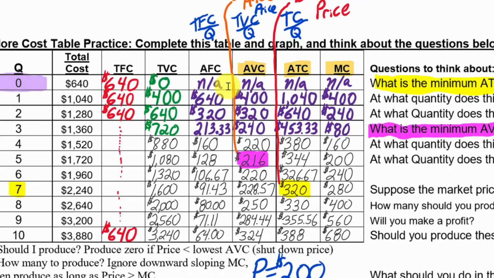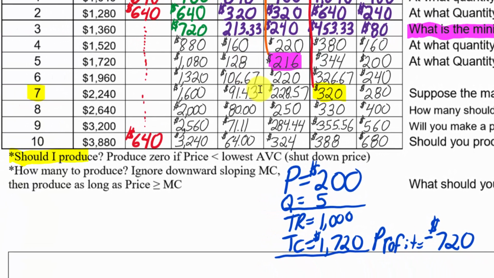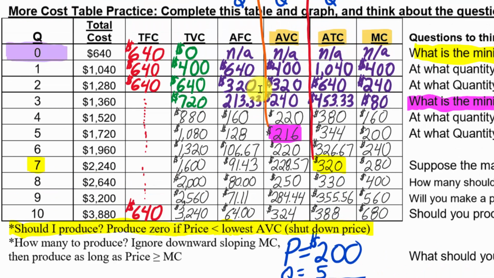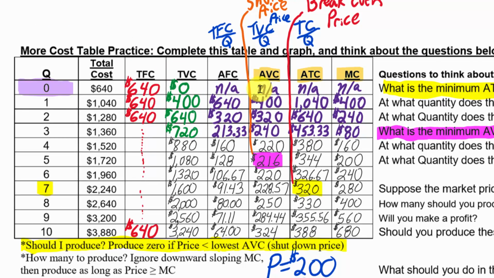So we have this little rule written right down here. Should I produce at all? Well, that rule says produce 0 if the price is less than the shutdown price, which is just the minimum or the lowest average variable cost ever gets. So the break-even price and the shutdown price are 2 things you always want to make a note of when you fill out one of these tables.